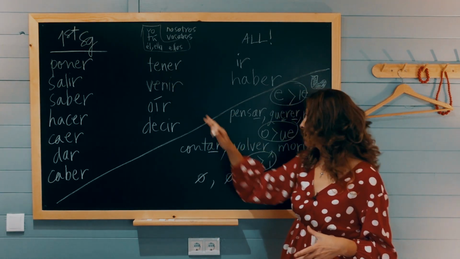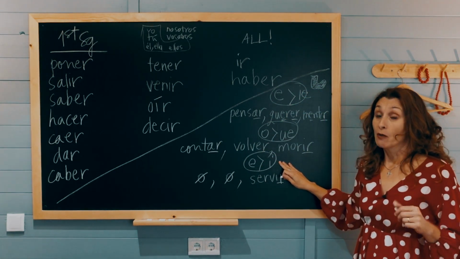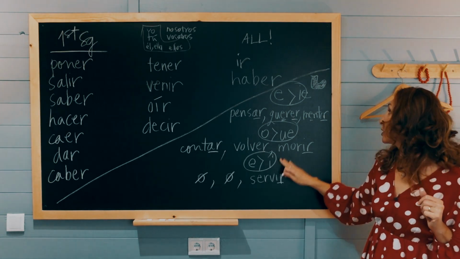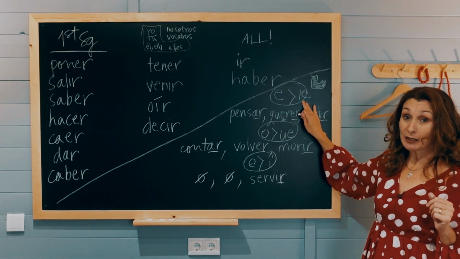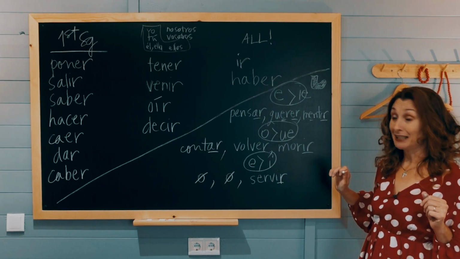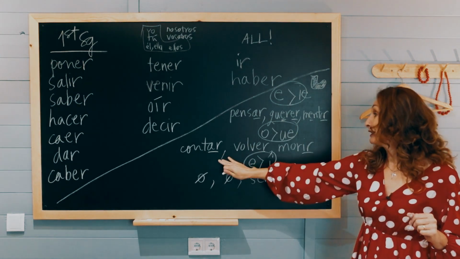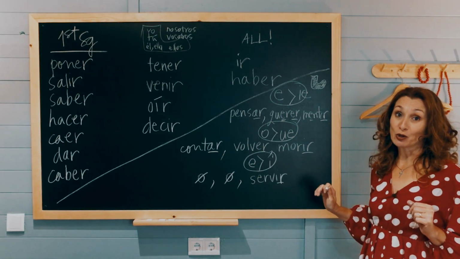They do not repeat. These three irregularities, we come across them more than just once. We can find examples of this one in the three conjugations, ar, er, and ir. We can find examples of this irregularity in the first, second, and the third conjugation.